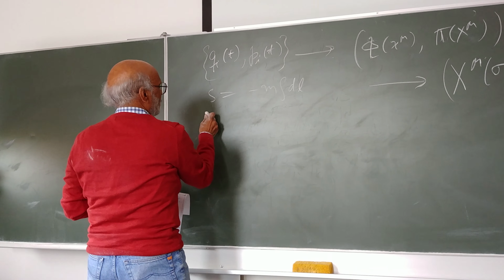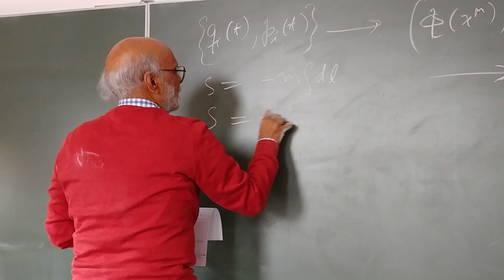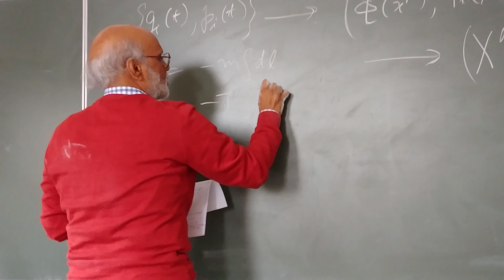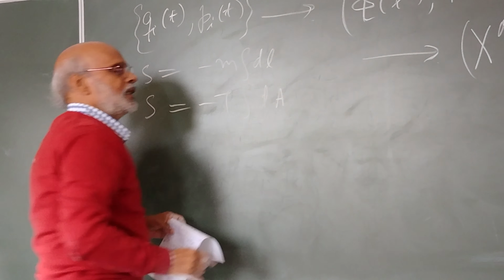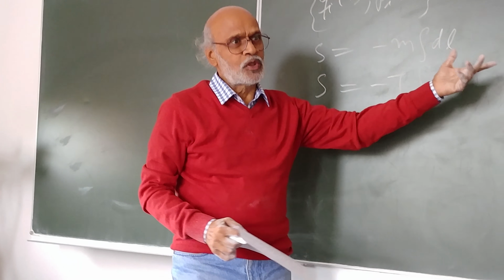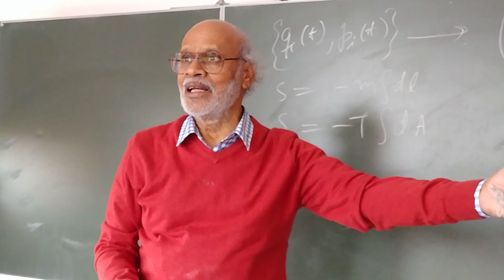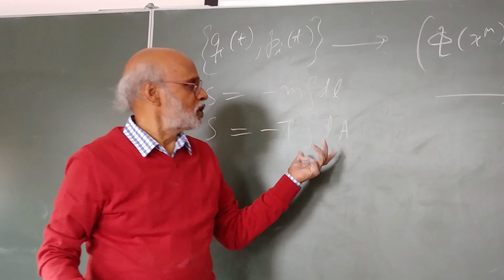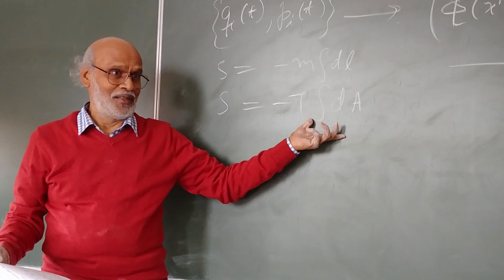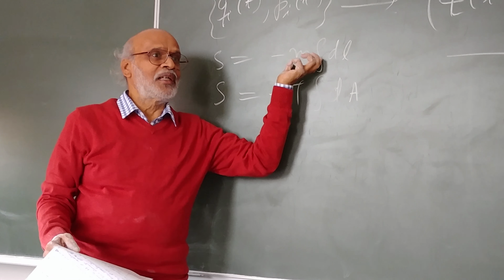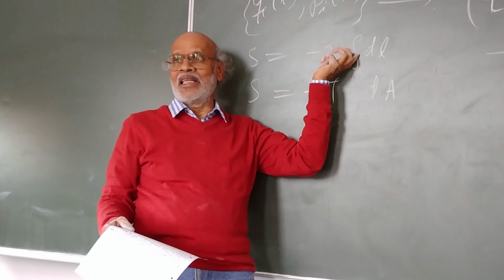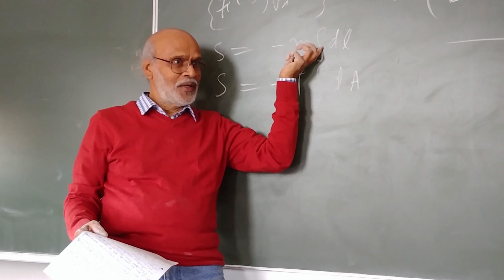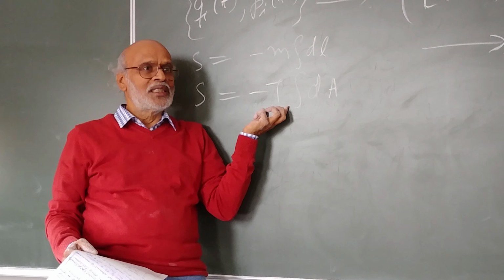And here when we generalize it, this is minus T times the area. Here it was proportional to the length of the world line. Here it is proportional to the area of the world sheet. This parameter in the point particle case turned out to be the mass. Here this turns out to be the string tension.